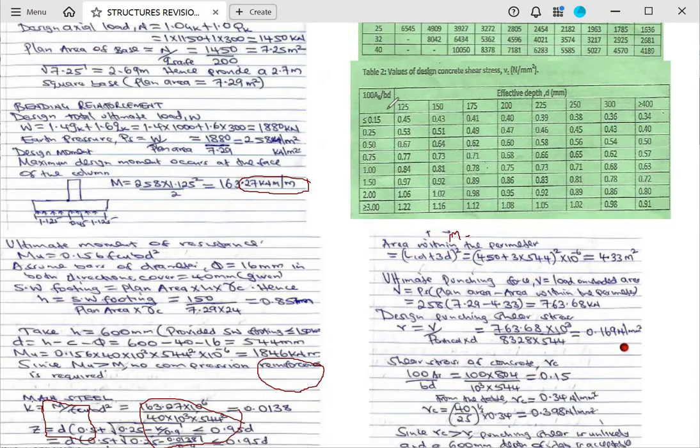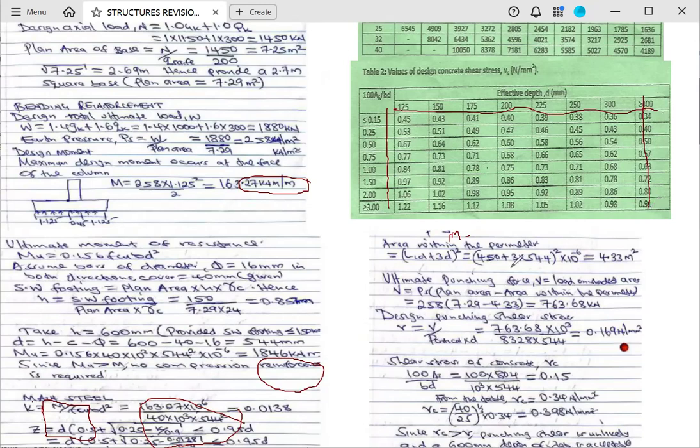We have a column for 100 AS over BD, and we have a column for effective depth. Now, the value of our effective depth is 544, meaning it will lie in the column greater or equal to 400 millimeters. So it will lie here.